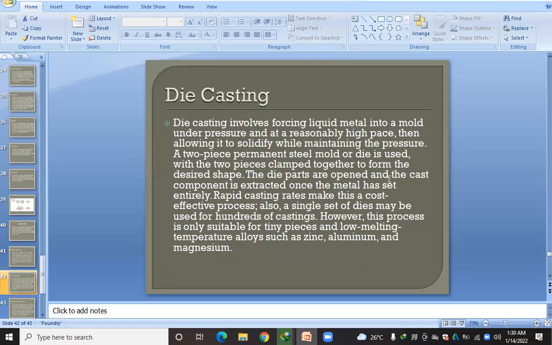The die parts are opened and the cast component is extracted once the metal has set entirely. Rapid casting rates make this a cost-effective process. Also, a single set of dies may be used for hundreds of castings. However, this process is only suitable for tiny pieces and low melting temperature alloys such as zinc, aluminum, and magnesium.